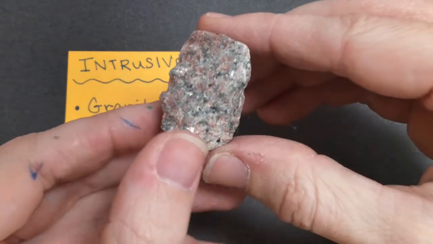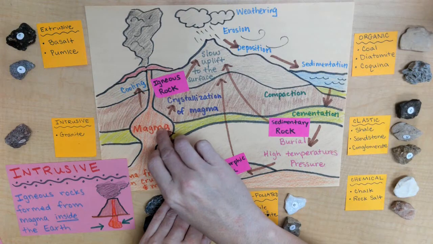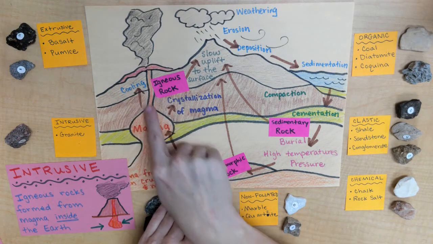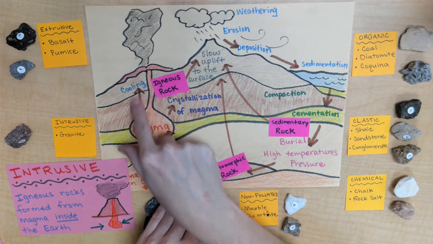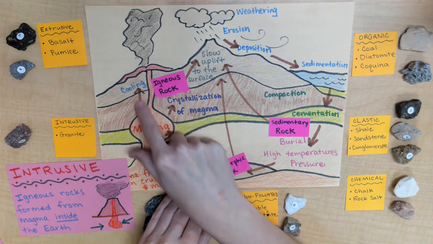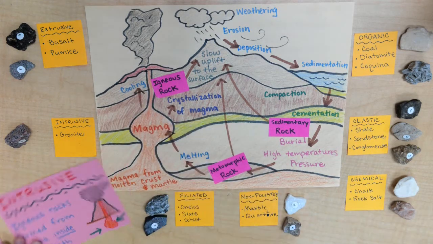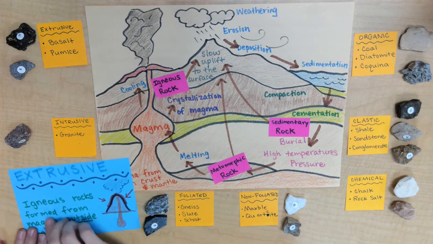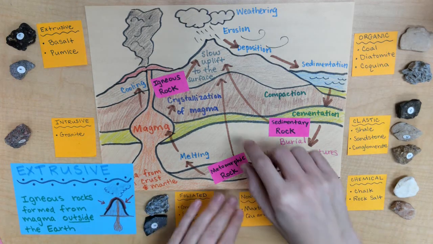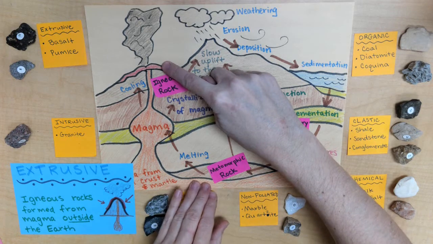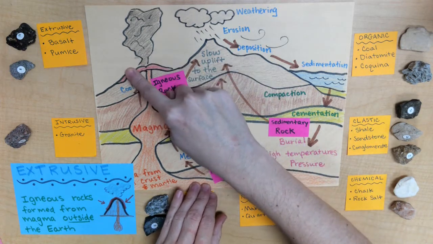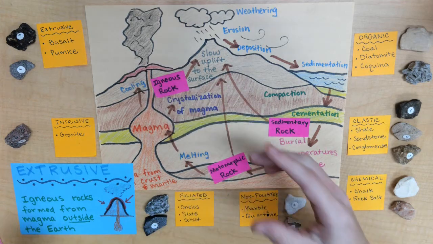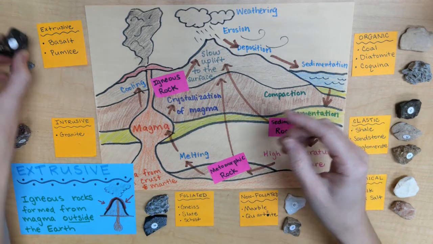Okay. Now, as that magma begins to rise to the surface, it begins to cool off very quickly. And we would call that an extrusive igneous rock. So the magma rises, turns into lava, and then that lava cools down really quickly.